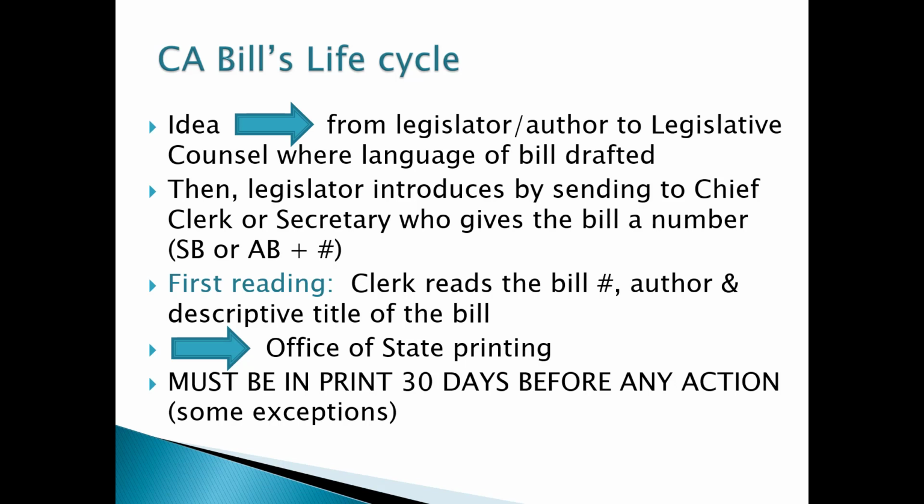There's a first reading. The clerk reads the bill number, the author, and the descriptive title of the bill. Then it goes to the Office of State Printing, and it has to be made available for 30 days before any action can occur. That gives other legislators and the public an opportunity to look at the bill.